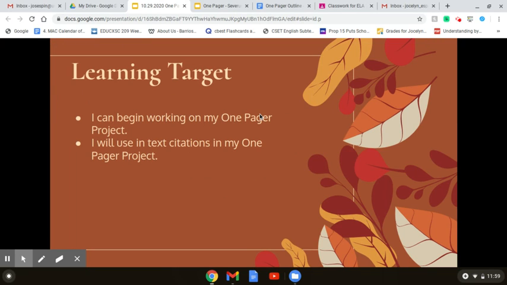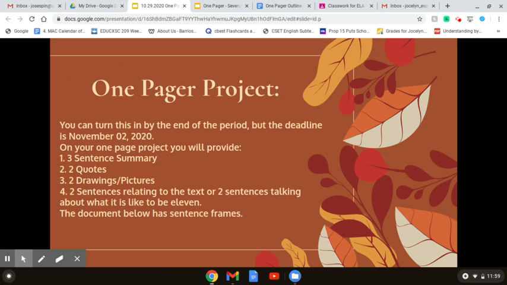Our learning target for the day was: I can begin working on my one-pager project, and I will use in-text citations in my one-pager project. The one-pager project you'll see on Google Classroom as well. You can turn this in by the end of the period, but the deadline is November 2nd, 2020.